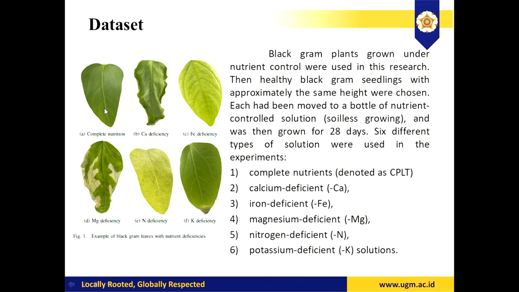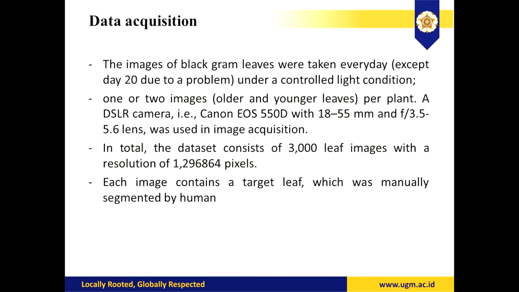Based on this picture, we can see the picture of complete nutrition. This is calcium deficiency, this is Fe deficiency, and so on, and the last one is K deficiency. From this picture, we can see that each deficiency has its own characteristic. Data acquisition: the images of the leaves were taken every day, except day 20 due to a problem under the controlled-light condition.